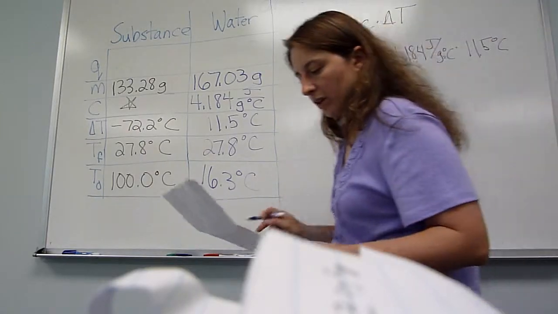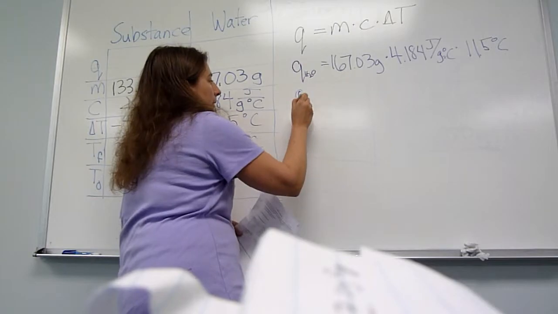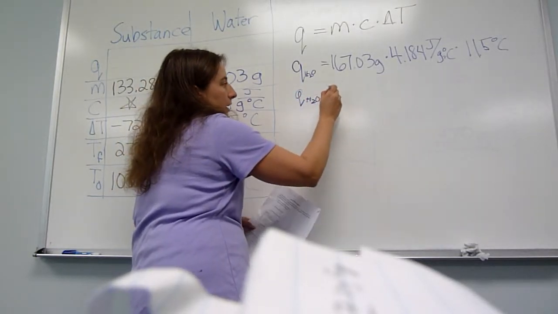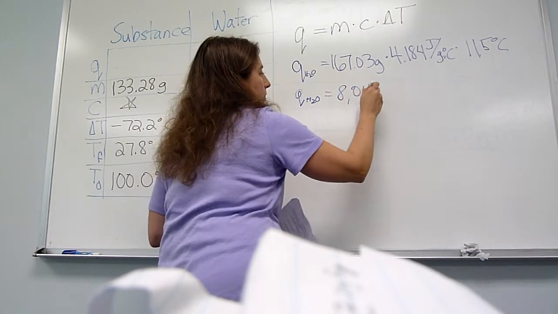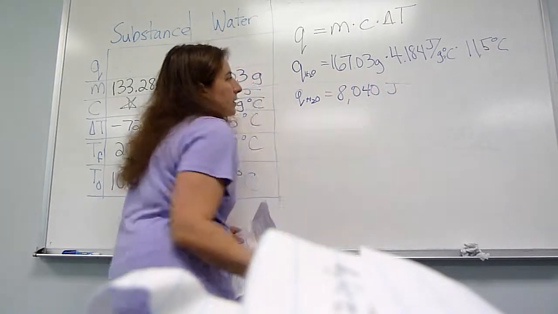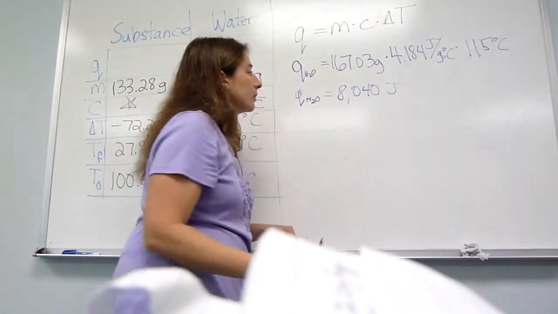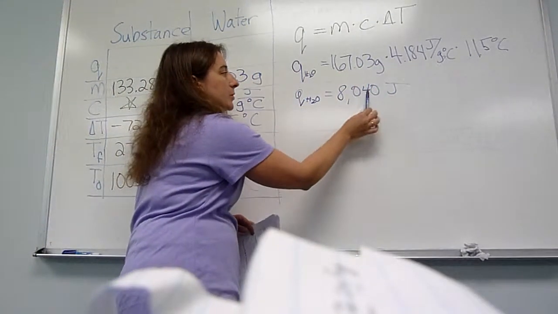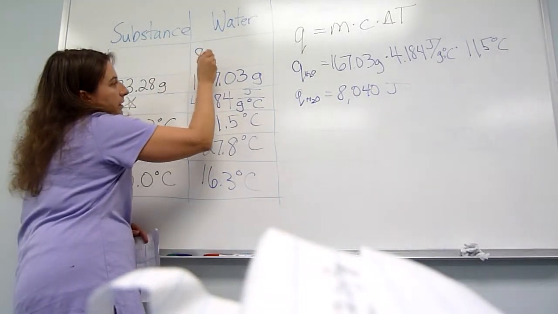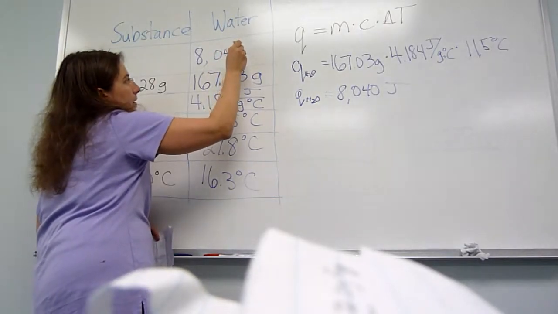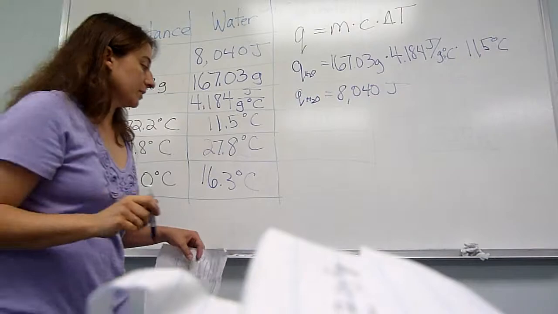Plug that into our calculator and we find Q for the water to be a positive 8,040 joules. We look at significant figures, 5 here, 4 here, 3 here. We have to round to 3 significant figures. So the water gained 8,040 joules of energy from the substance.